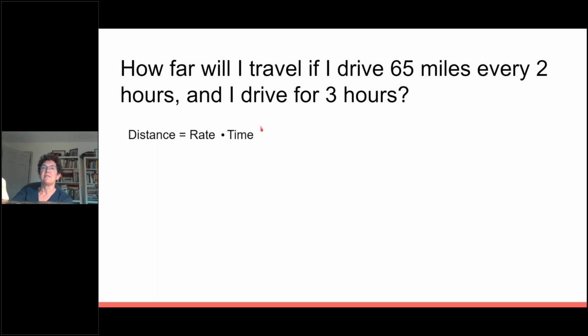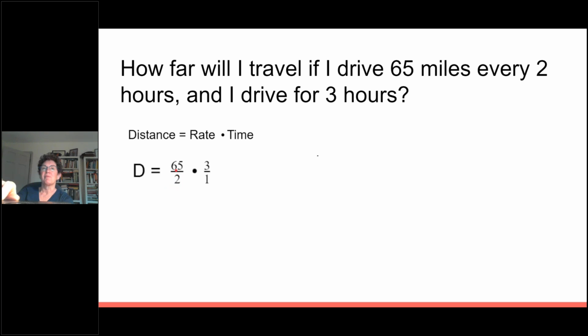Remembering that our formula is distance equals rate times time, let's substitute in what we know. Our distance is going to remain a variable. Our rate is 65 miles for every 2 hours, and that's going to be 65 divided by 2. And then my time is 3 hours. So this is just like the other problem. The only thing that has changed is that our rate is for every 2 hours.